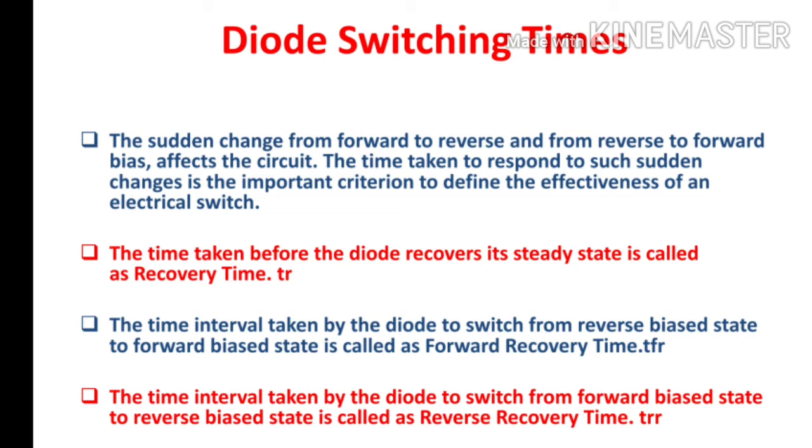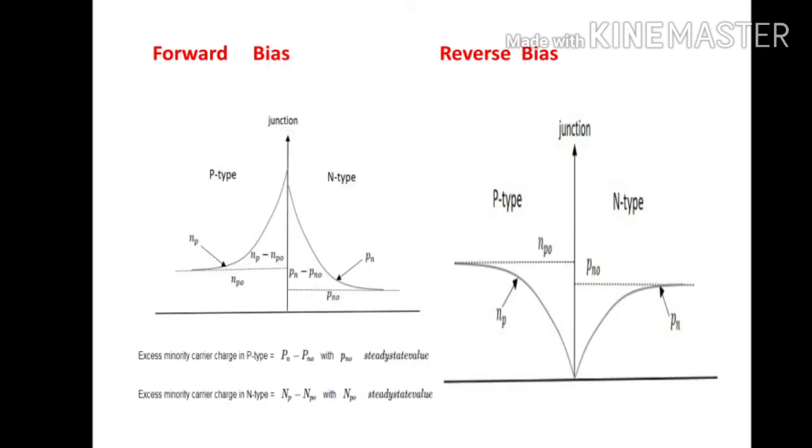The time interval taken by the diode to switch from reverse bias state to forward bias is called forward recovery time, indicated as TFR. The time interval taken by the diode to switch from forward state to reverse bias is called reverse recovery time, TRR. These things can be clearly explained in the diagram, and this image depicts the reason why we are having a switching time.